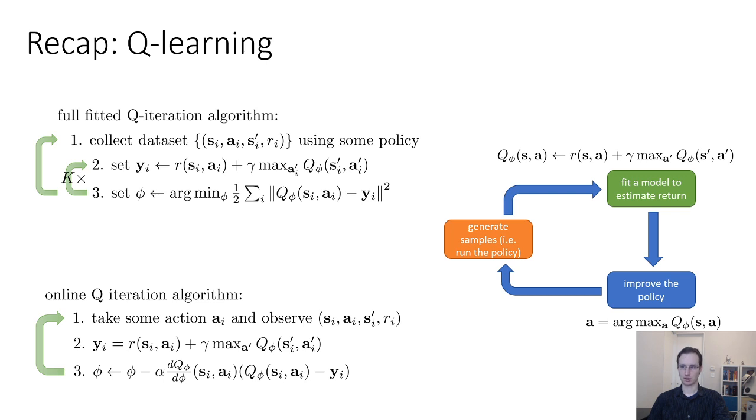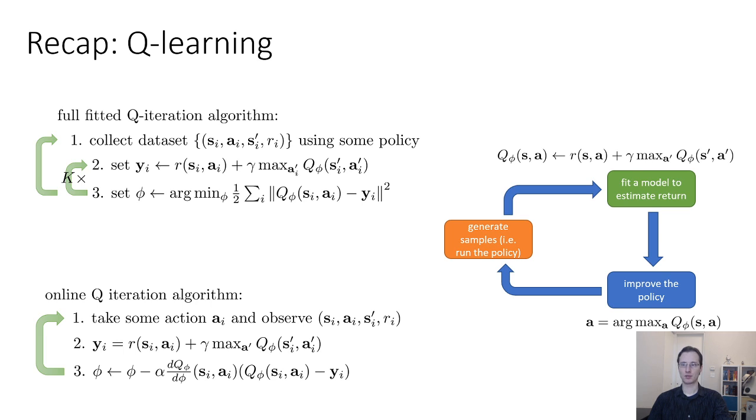So the max basically accounts for the fact that you are implicitly computing a greedy argmax policy using your current Q function Q phi, and then evaluating the value of that argmax policy by plugging it into Q phi. So of course the value of the argmax is simply the max. So that gets us our targets Yi.